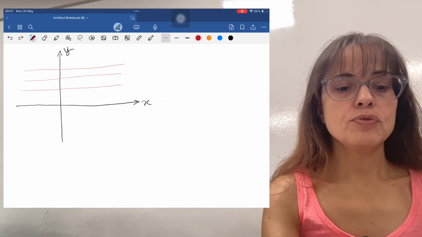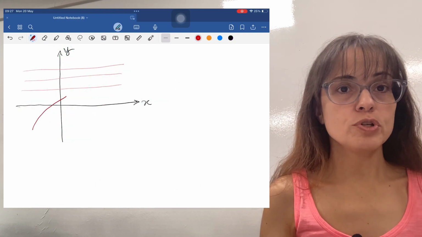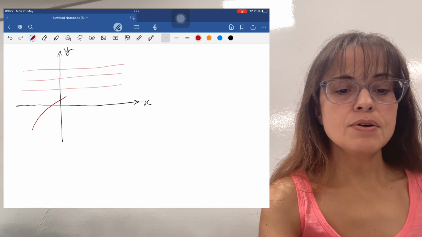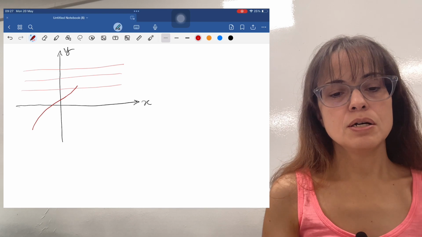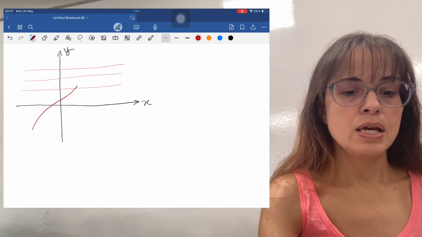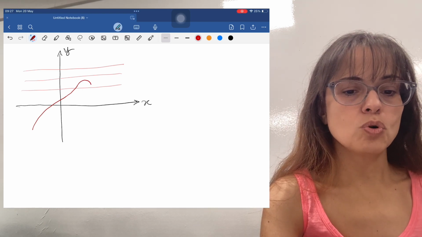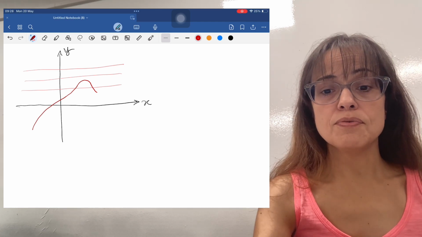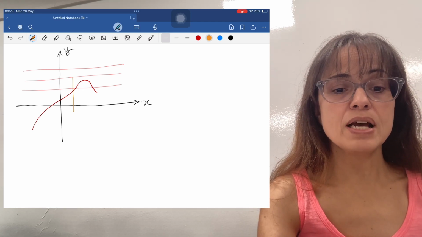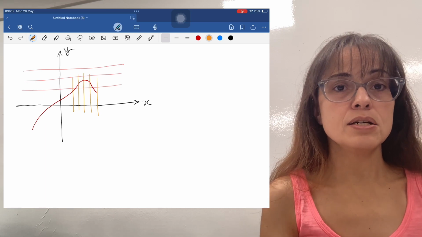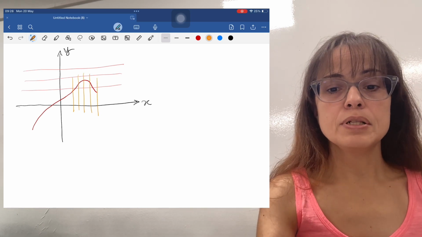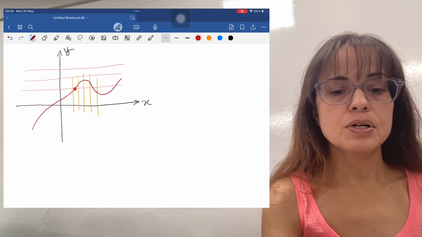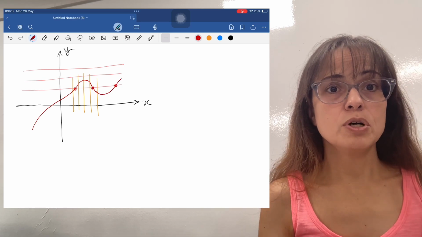Now, the only way for a function to not pass the horizontal line test, and therefore to not be an invertible function, is if once it crosses a particular horizontal line, it comes back down and crosses it again. This doesn't stop the function itself from being a function, because it is still passing the vertical line test as it goes up and down, but because it went up and down, it's crossing the horizontal line multiple times.